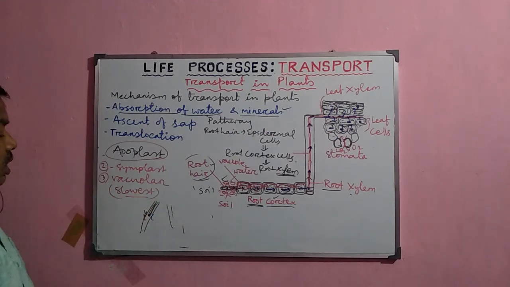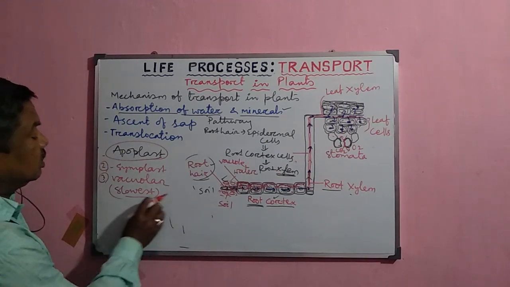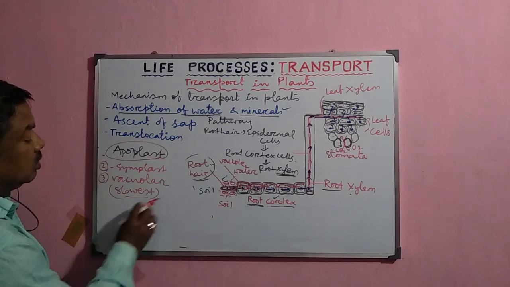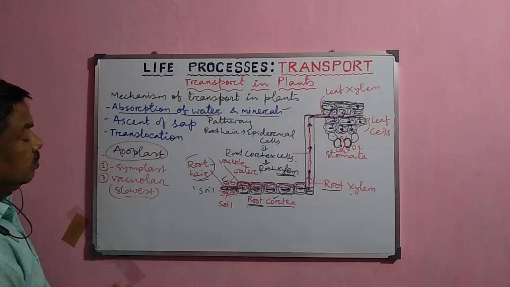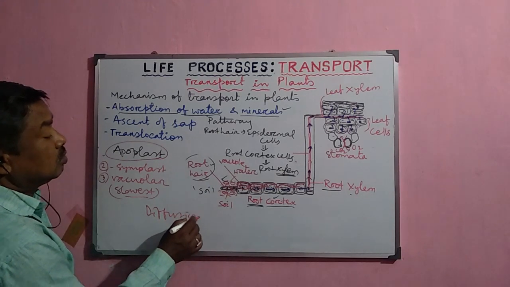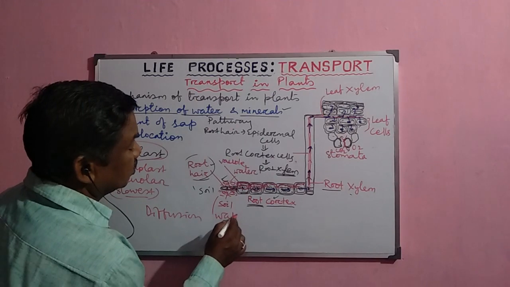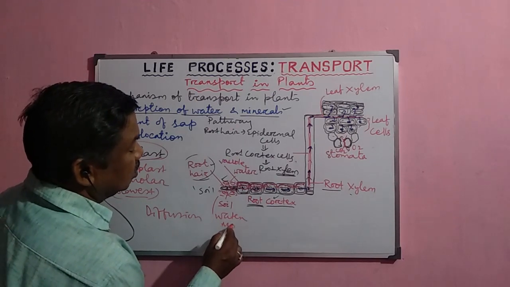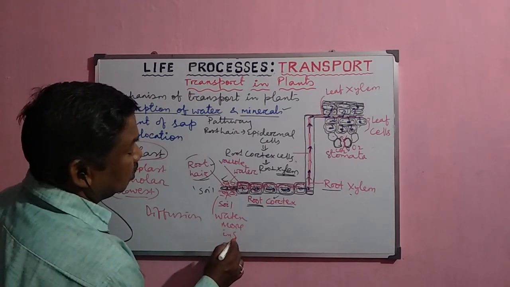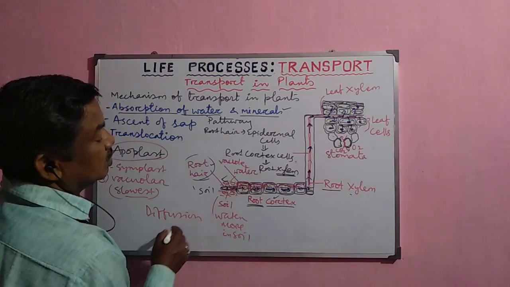But what is the actual molecular mechanism by which they enter here? That process is called normal diffusion. This is the normal diffusion process, when the concentration of water is more in the soil in comparison to the cytoplasm of the root cell.